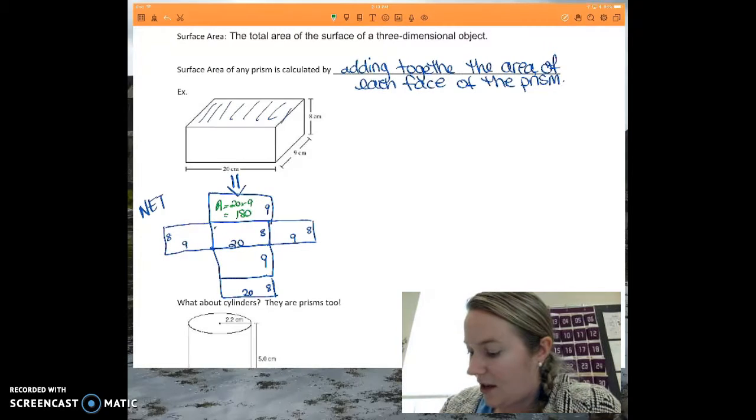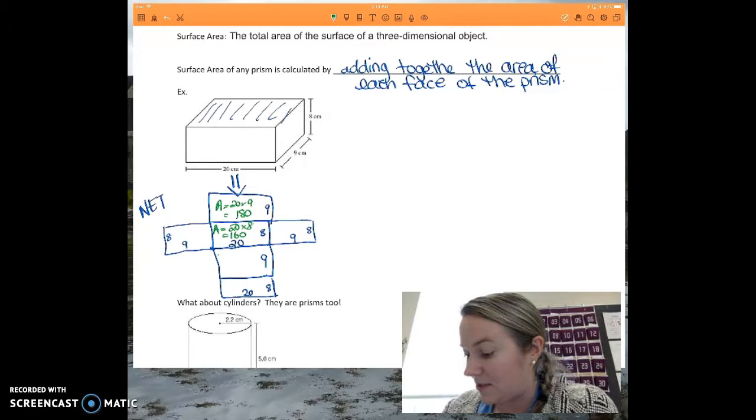The area of this is 20 times 8, which is 160. The area of this one is 20 times 9, which is 180. The area of this one is 20 times 8, which is 160.